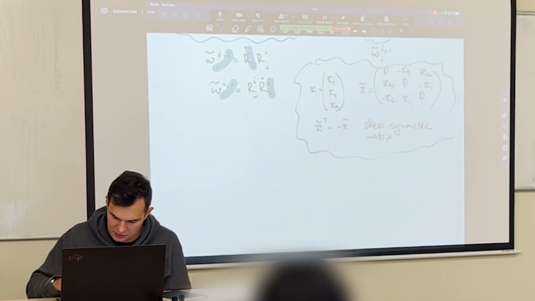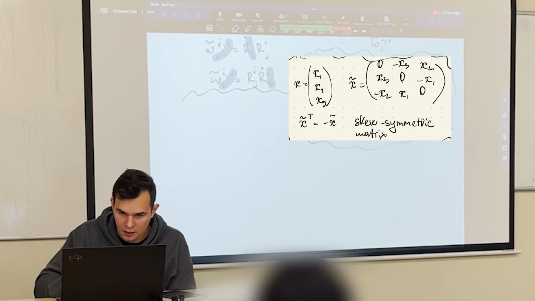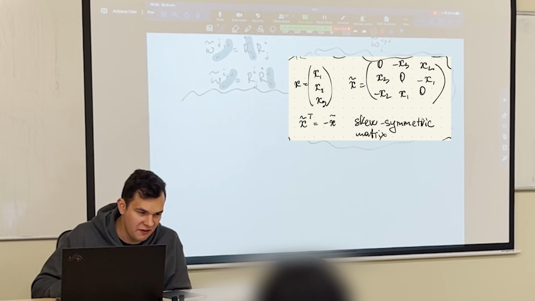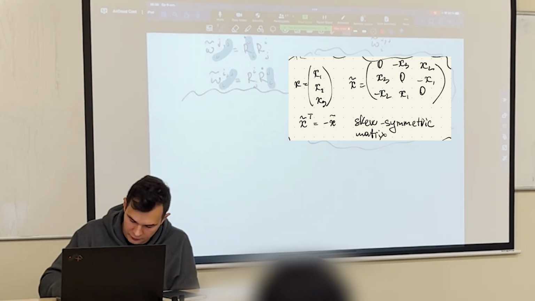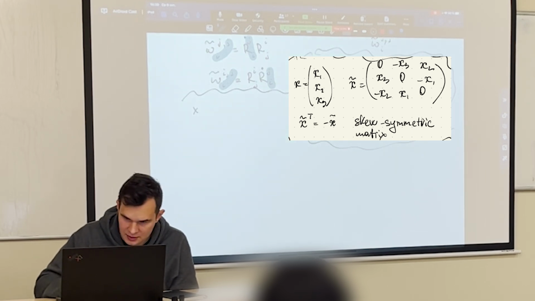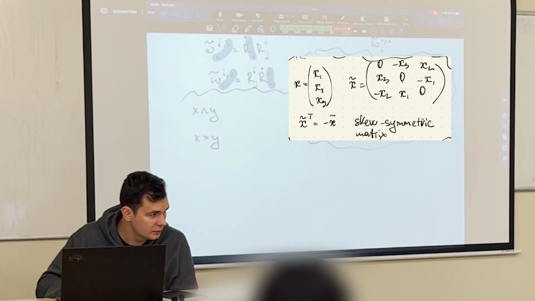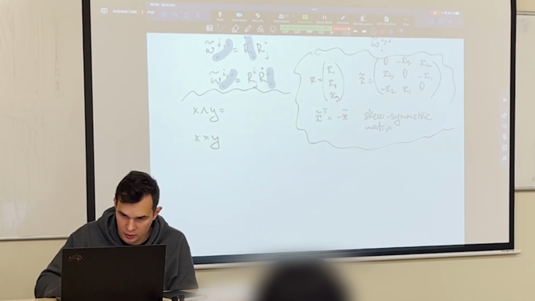And this skew symmetric matrix is used for the vector product. So for example, if you have a vector x and you would like to have a vector product, sometimes it's denoted as a cross product. So the result will be the skew symmetric representation of x times this vector.